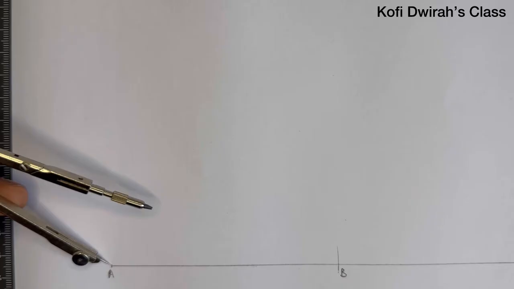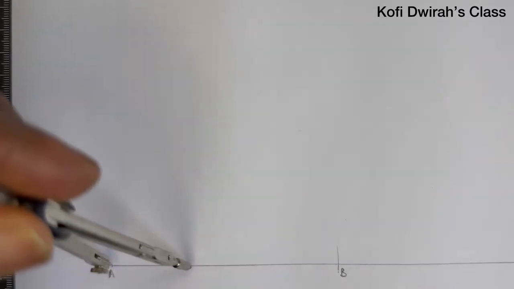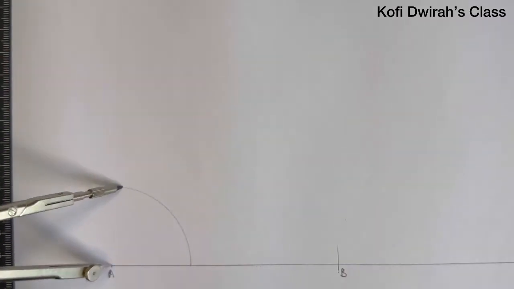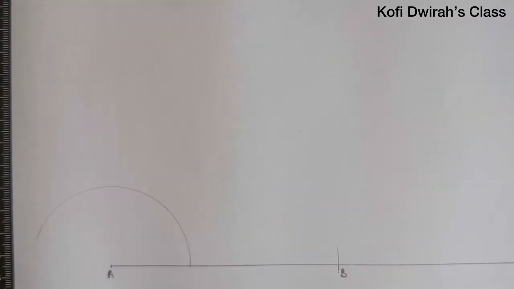Now, after getting point B, we are going to construct a 90 degrees angle. So now at point A, open your compass to any radius. Then you draw an arc with the same radius.